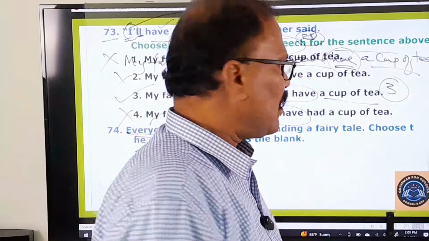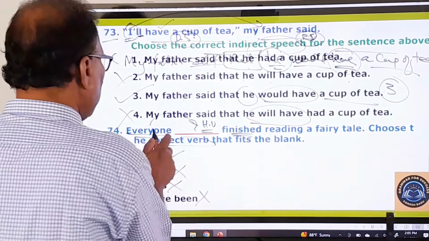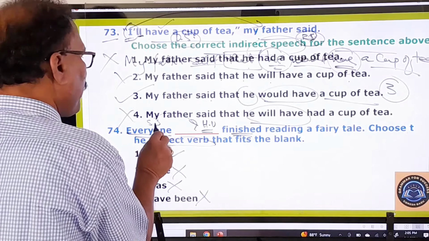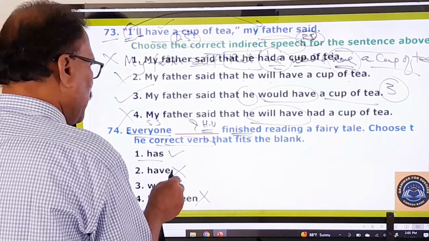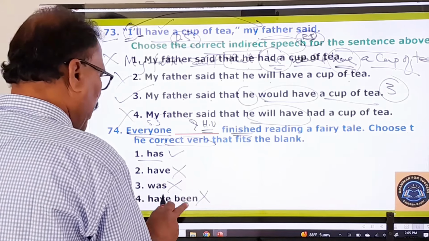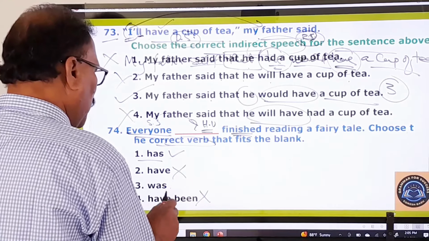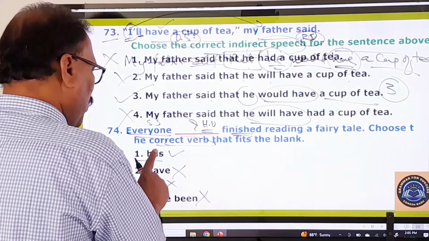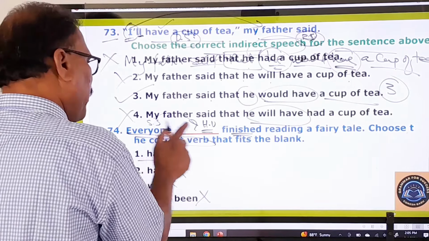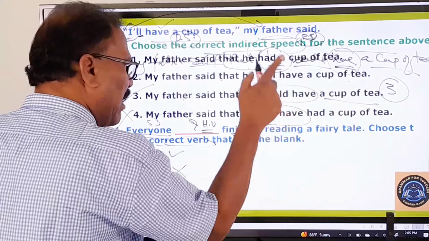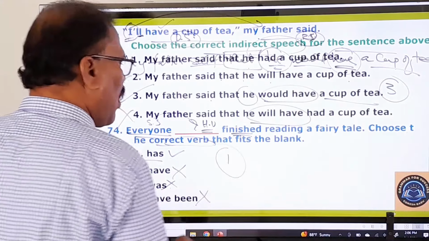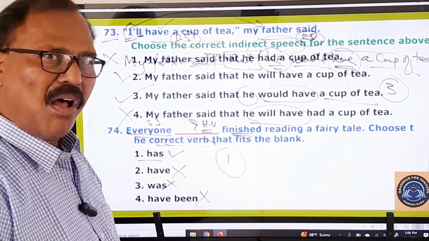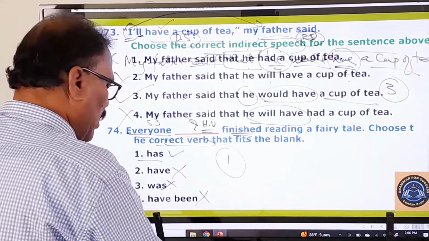So here everyone is the singular subject. Therefore, it takes has. Have is the plural helping verb. Have been is the plural helping verb. They are outright gone. Was is not used here, because you don't say was finished. So only this one is the singular one. So everyone has finished reading a fairy tale. So the first one is your answer. All others are wrong.